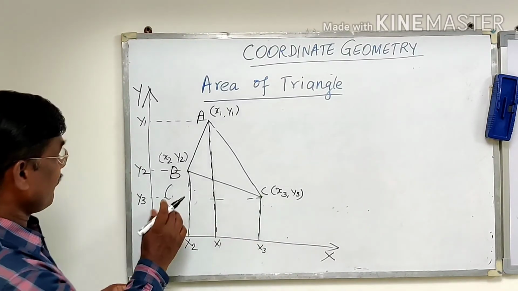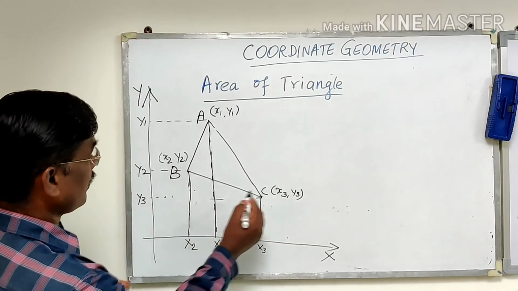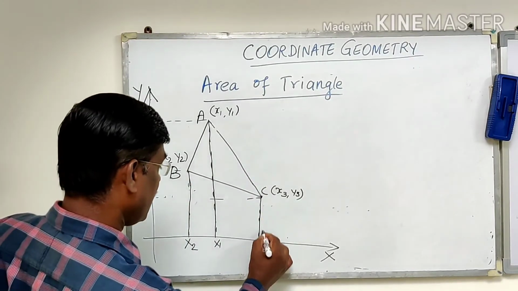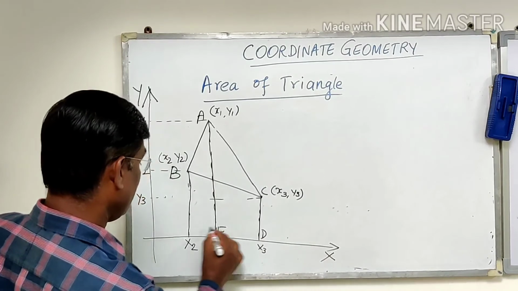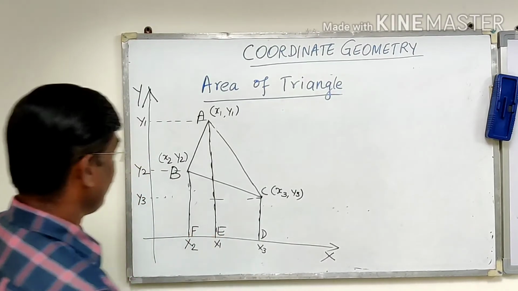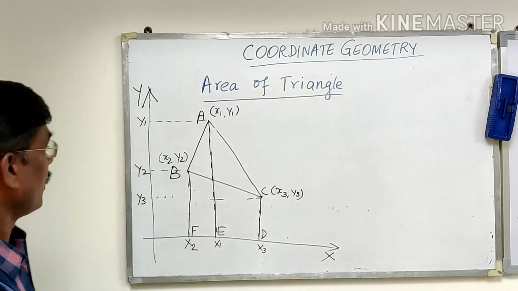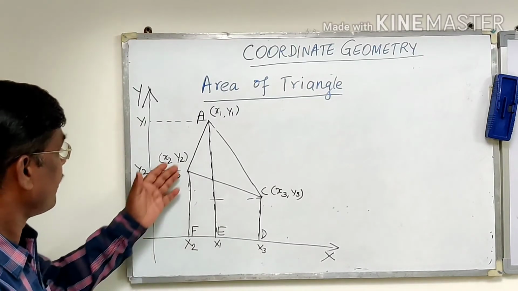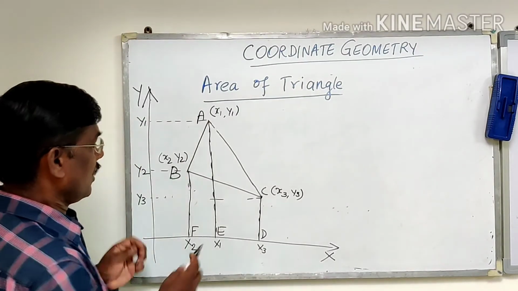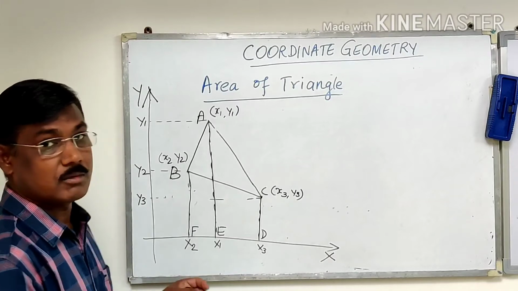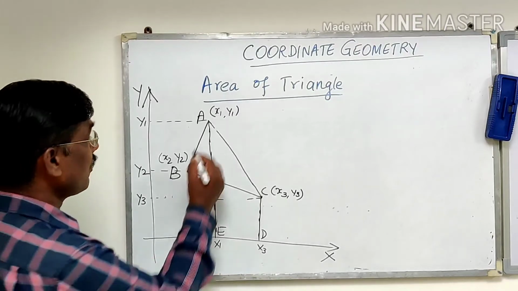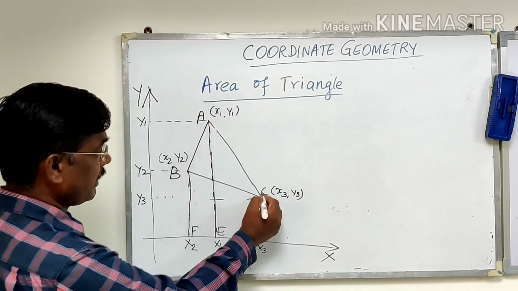We will assign some value A, B, C, and this is D, E, F, right? Okay. Now we need to find the area of triangle ABC.